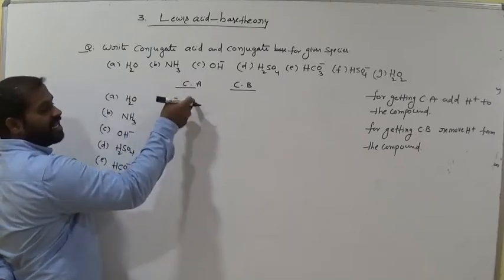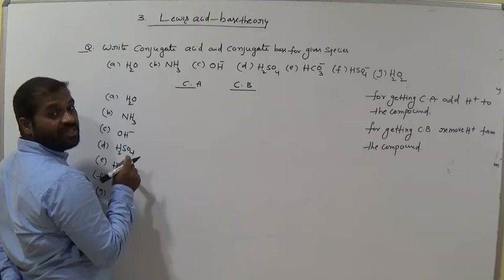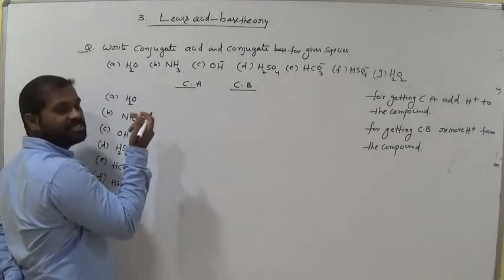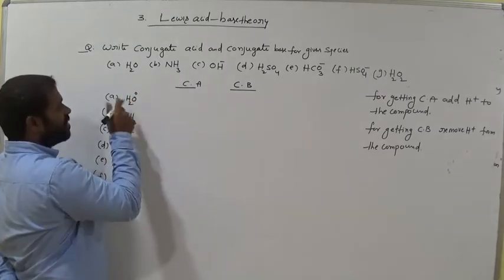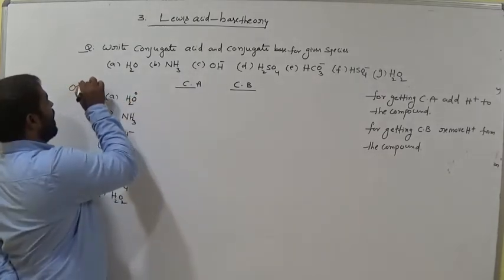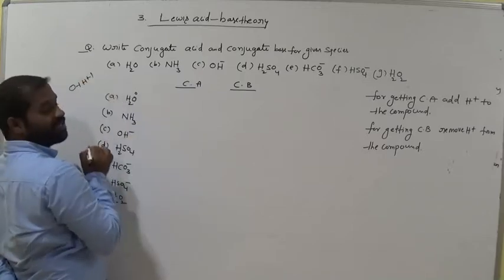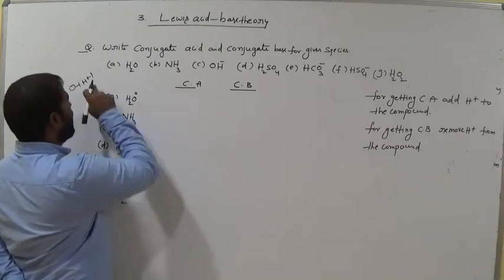For getting conjugate acid, add 1 H plus. What is the charge? 0 here on the molecule. Now I would like to add 1 H plus. For 0 charge we add plus 1, am I right? So now how many hydrogens here we have? 2. Add 1 H plus.